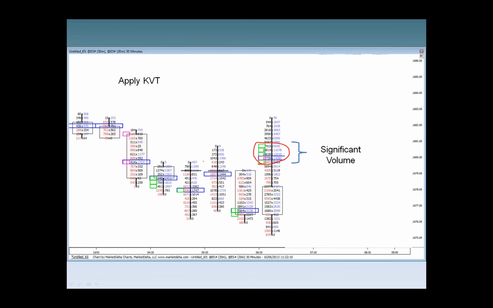And now when I go back to my profile, and we will do that in a moment, you will see that this was right below the value area high. The value area high was right up about here, and I'll show you that in one moment. And this volume is occurring right below it. This is characteristic usually of a breakout that is about to occur.